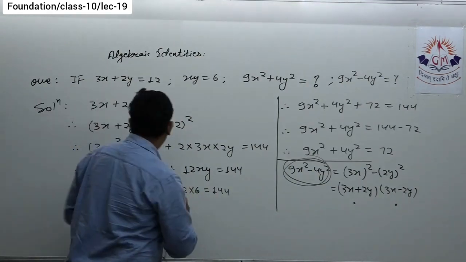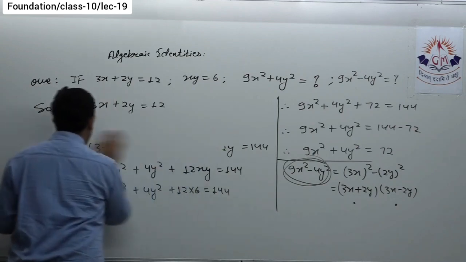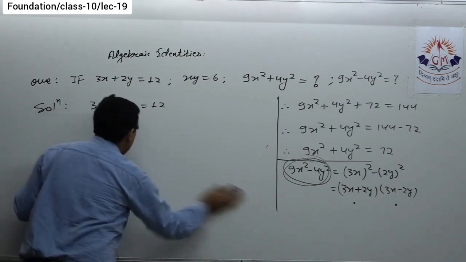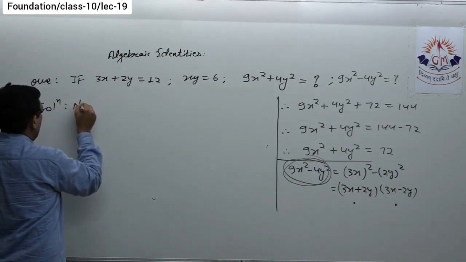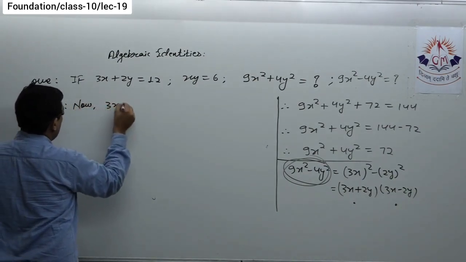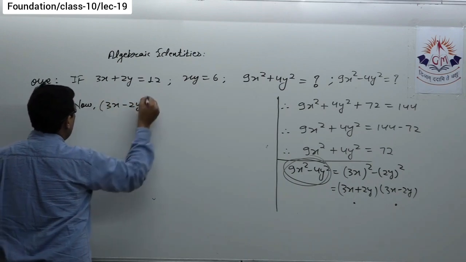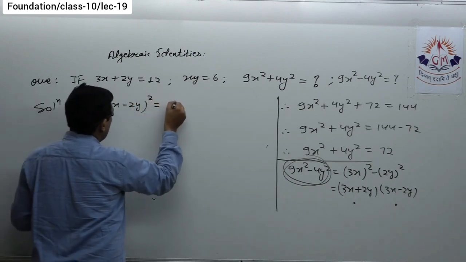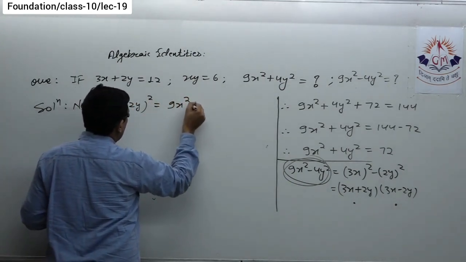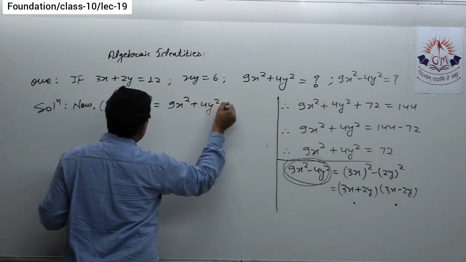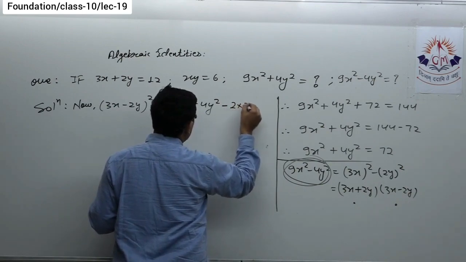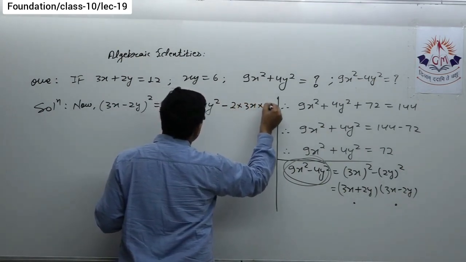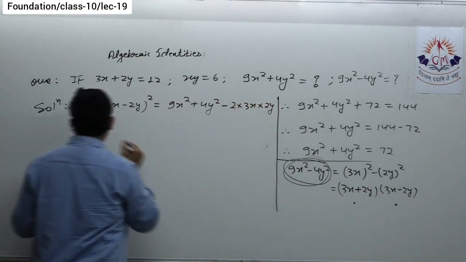So let us see how to get the value of 3x minus 2y. Now 3x minus 2y whole square is equal to 9x square plus 4y square minus 2 into 3x into 2y, that is minus 2ab, isn't it?